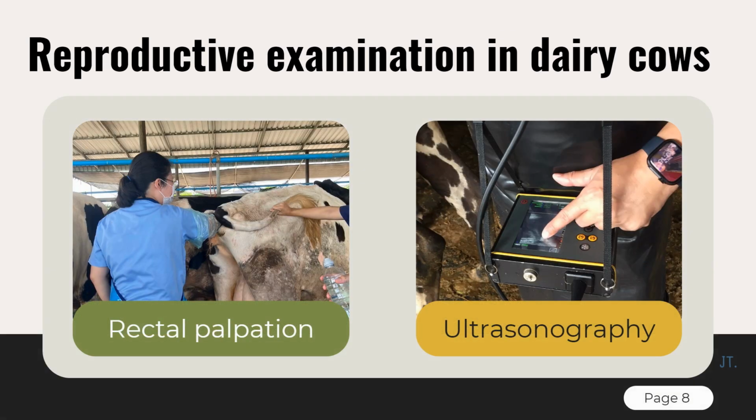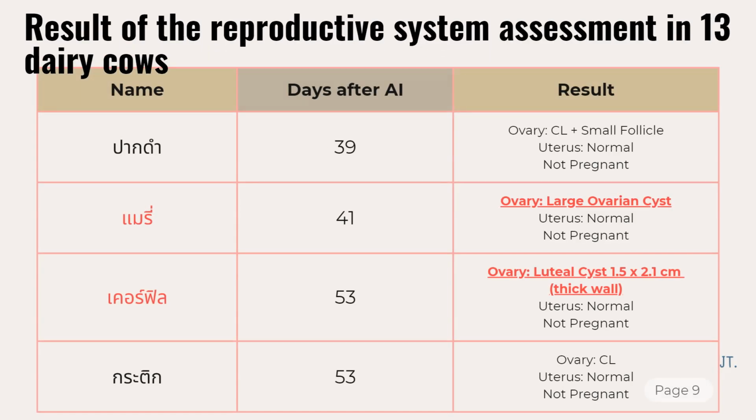The results of reproductive system assessment in 20 dairy cows by ultrasound found 5 pregnant cows and 8 non-pregnant cows. 8 non-pregnant cows found only 15 ovaries.